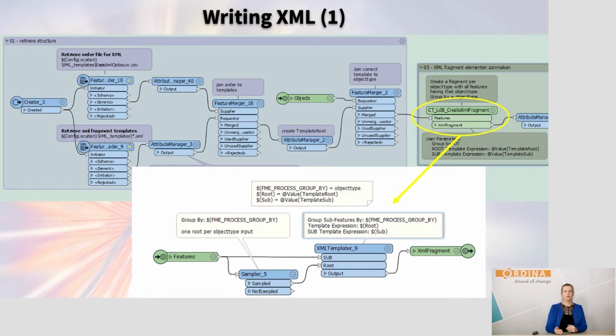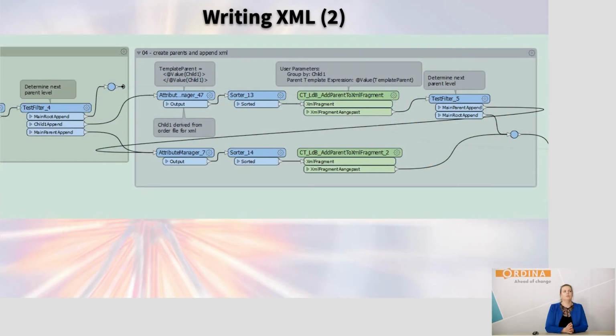It takes a sample of one element to create the root expression, and then each sub feature uses the sub template expression, which is based on the value of the text file that we created, of the XML file template expression. And then we also need to create all the parents, and we do that in several steps to create each level of parentage. And that's eventually how we create the XML.